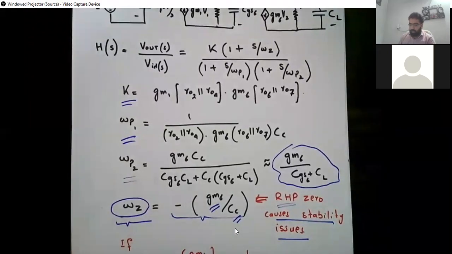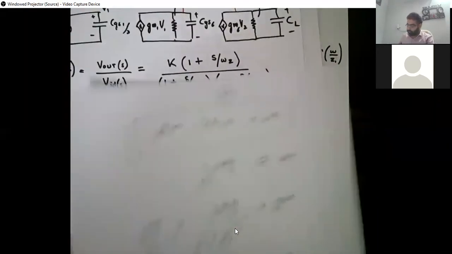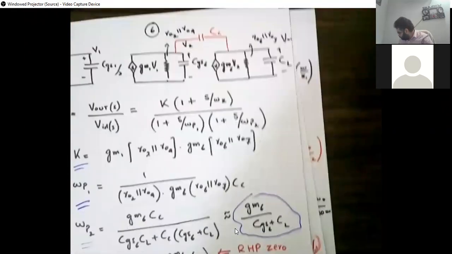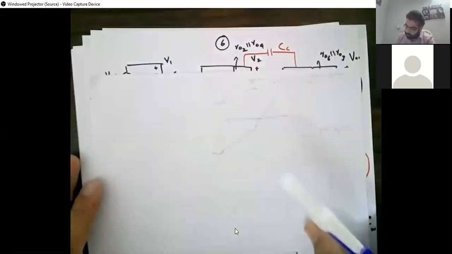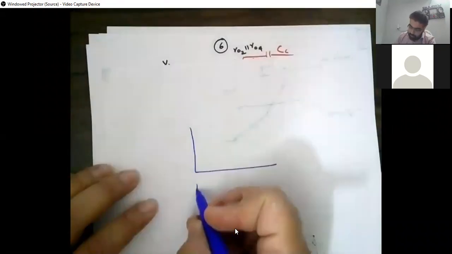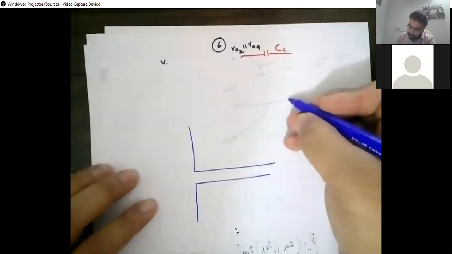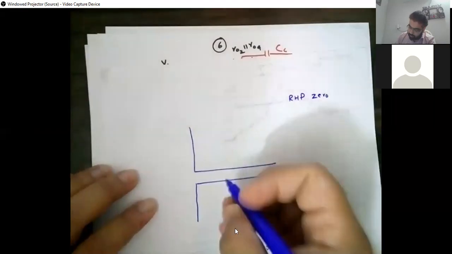If you want, we can also see a little bit how it's going to affect us. For example, suppose we have a right hand plane zero, and this is the omega Z frequency.